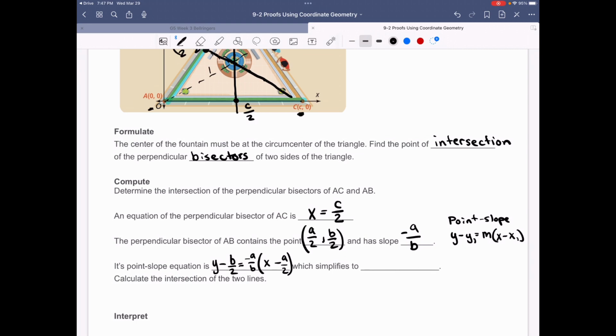Which, if we want to put that into slope-intercept form, would simplify to equal negative a over b x plus a squared plus b squared over 2b.